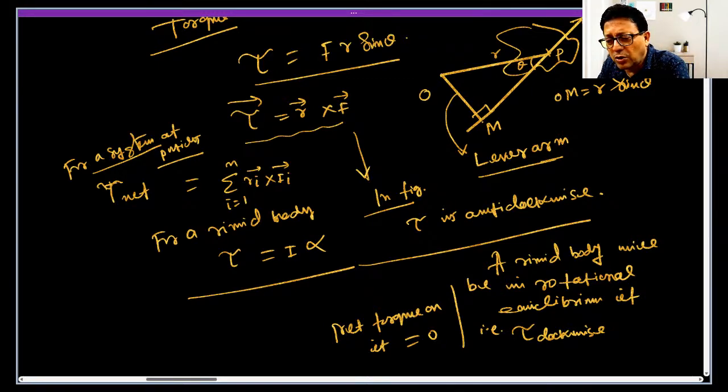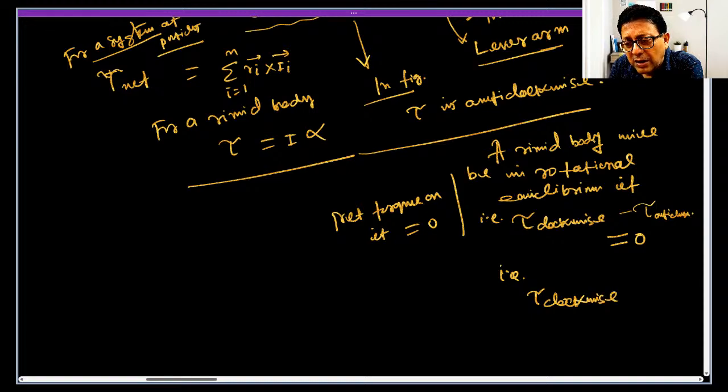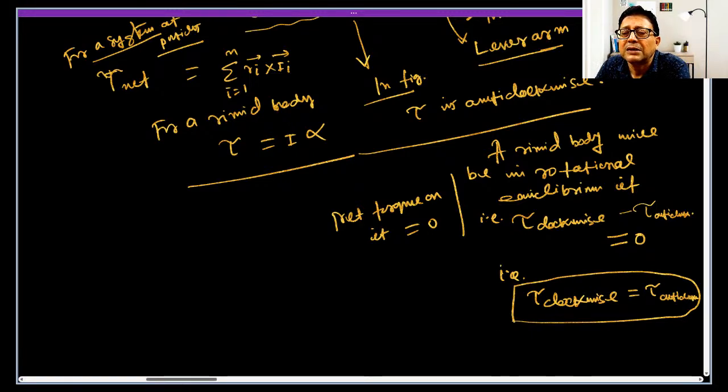If you take all the clockwise torques as positive, then anti-clockwise torque will be a negative quantity. Tau clockwise minus tau anti-clockwise will be 0. That is, tau clockwise will be equal to tau anti-clockwise. Clear? So net torque 0, or net clockwise torque equal to net anti-clockwise torque. This is for equilibrium.